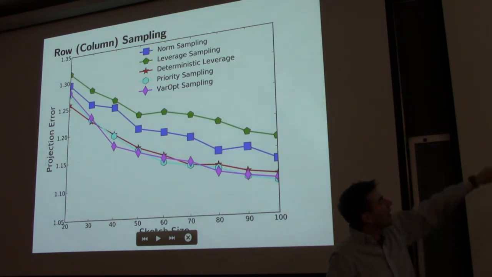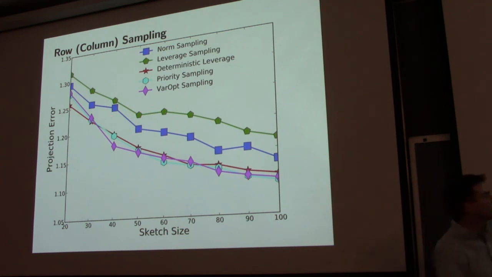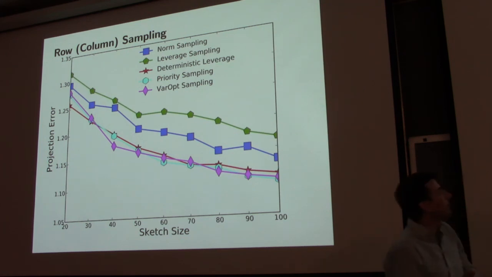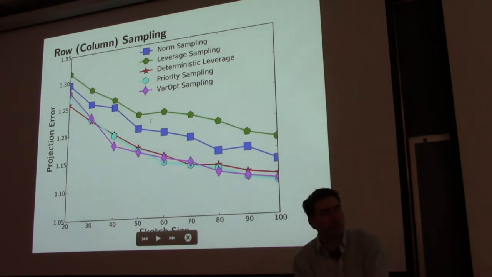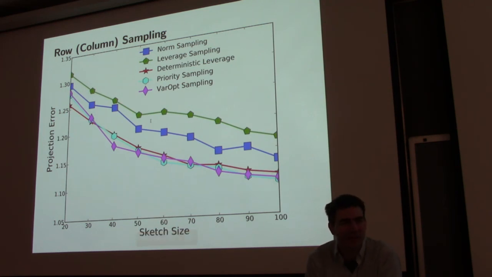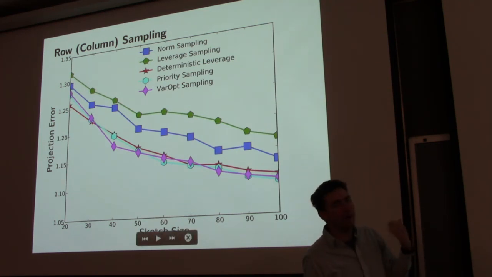This is the error I was showing you before, normalized. You want it to be closer to 1, which means you get as good as the SVD. The blue is the norm sampling. The green is some version of these weights which technically are supposed to give you a stronger error bound, but are more complicated to select. So often these do better than the blue ones, but not in this case.